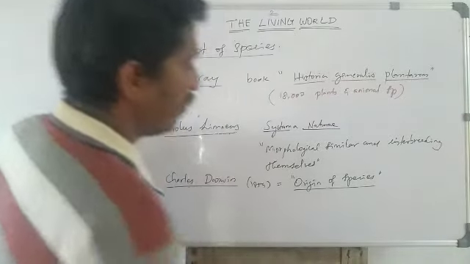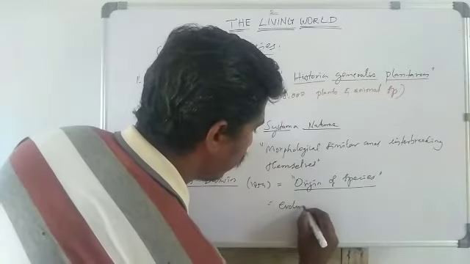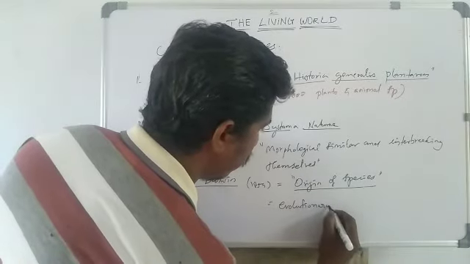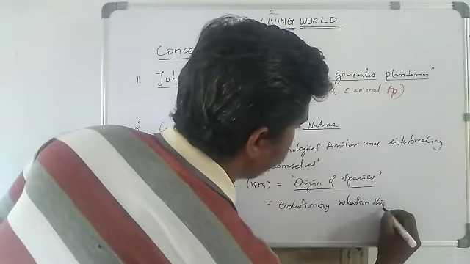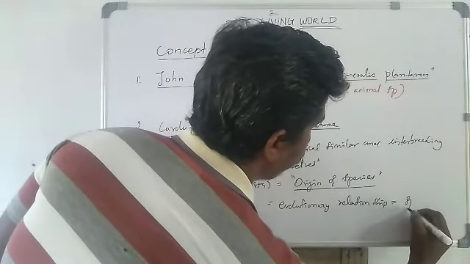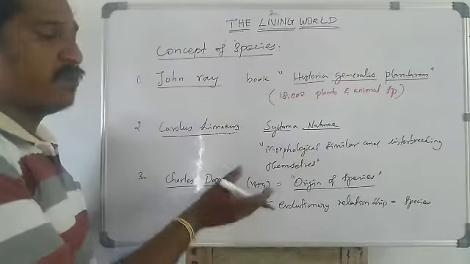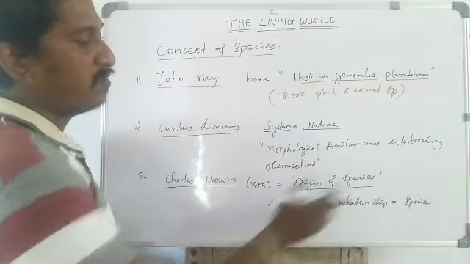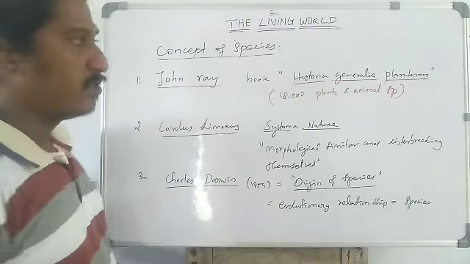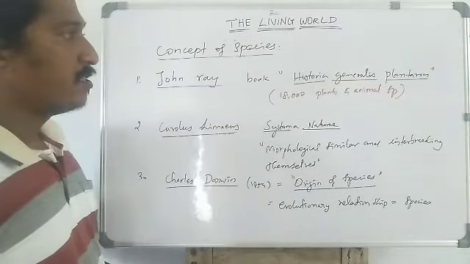He explained the evolutionary relationship of species. So Charles Darwin explained the evolutionary relationship of species through the book Origin of Species in 1859. So these are the various scientists who explained the concept of species.